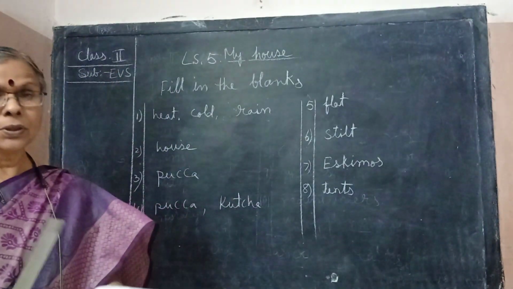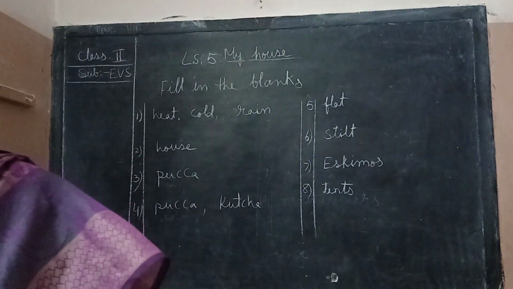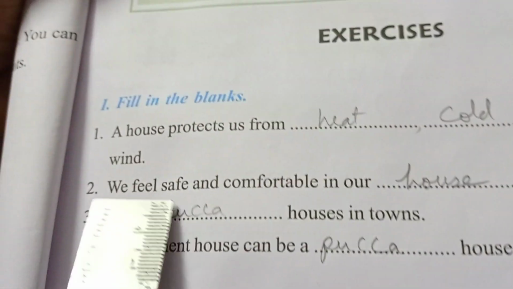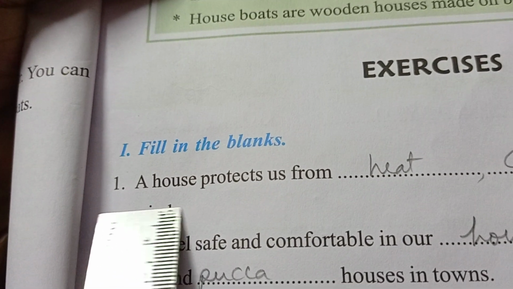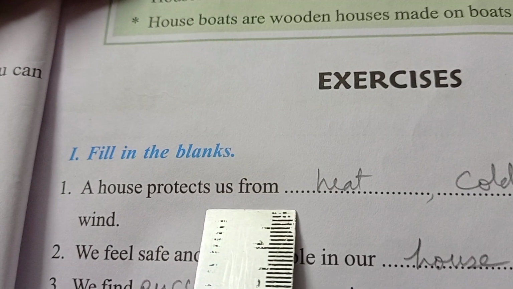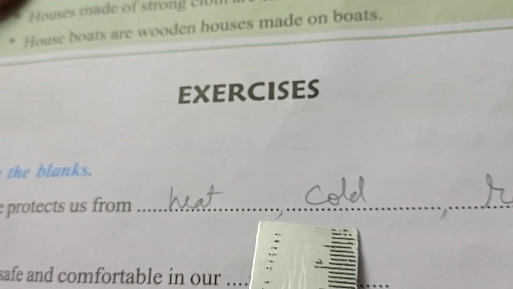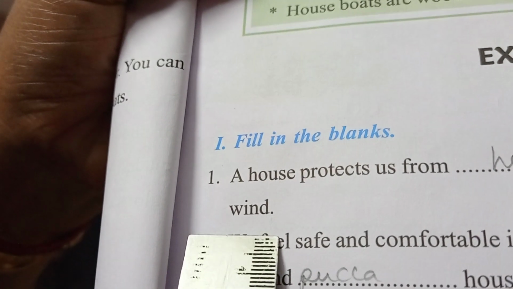Slowly you can write. You have lot of time to write. I'll show you here also in the textbook. Page number 187. A house protects us from heat, cold, rain and wind.